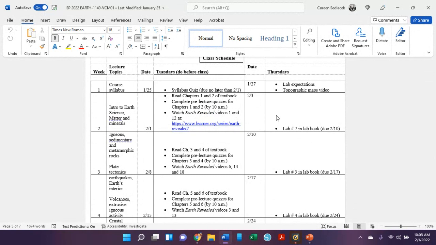Doing all that will prep you for lecture, and it's designed so that in lecture you'll have a pretty good understanding of the material. If you have questions or you're not understanding something, lecture is the time to ask those questions to ensure that you understand the material.